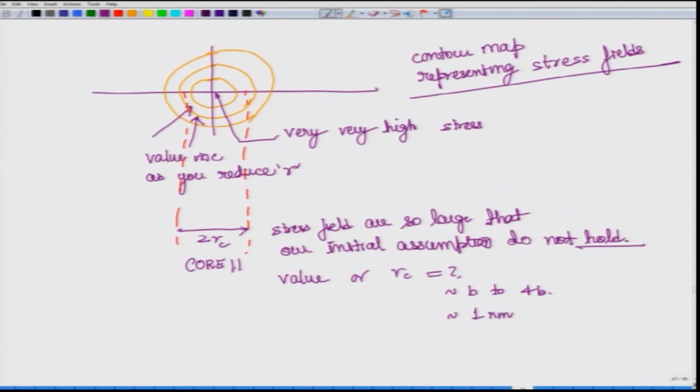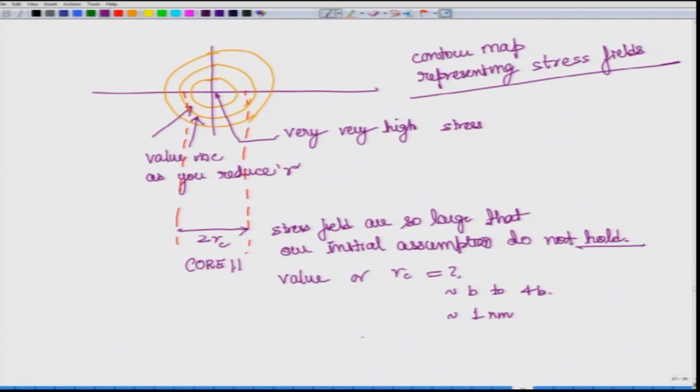So, depending on the condition you are taking, you can take R critical, or the radius for the core, as b to 4b, or you can take it approximately 1 nanometer. So, within this core you will have to calculate the energy separately, and outside it the energy would be calculated the way we have been calculating so far.